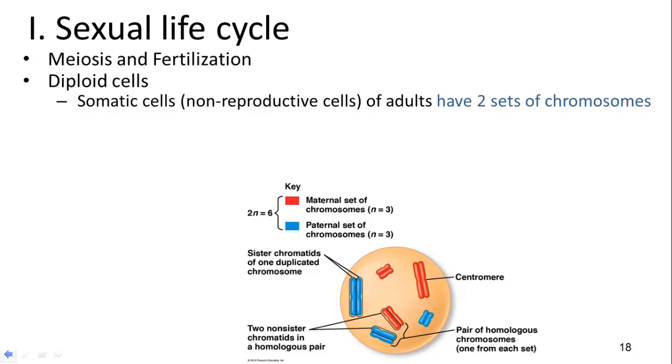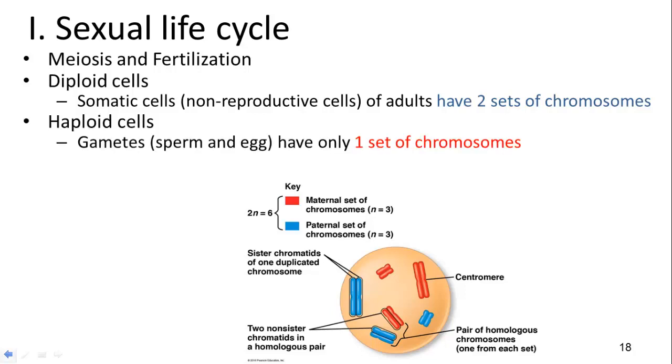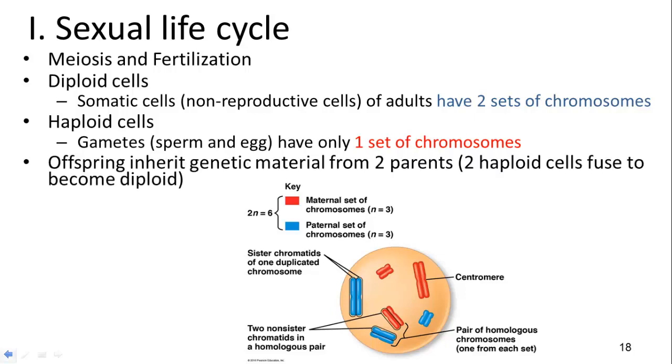So these are the cells of the body. And then you have haploid cells, which are the gametes, the sperm and the egg. These have only one set of chromosomes, while the diploid cells have two. The offspring then inherit genetic material from both parents, one haploid cell from each. These then fuse to become diploid.